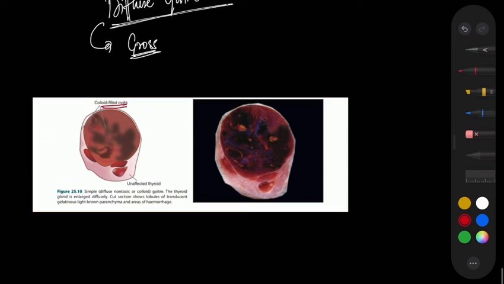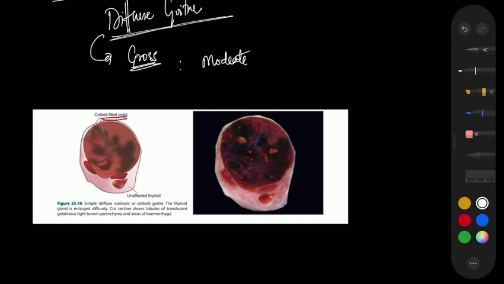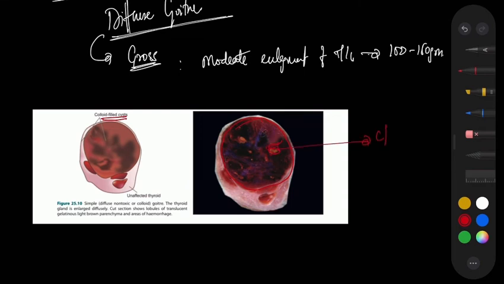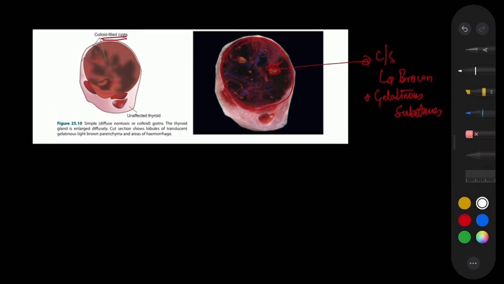We also see moderate enlargement of the thyroid gland. It weighs around 100 to 150 grams. If you also see here in the cut surface, we can see some brown gelatinous substances. So those were the gross features of your simple or diffuse goiter.